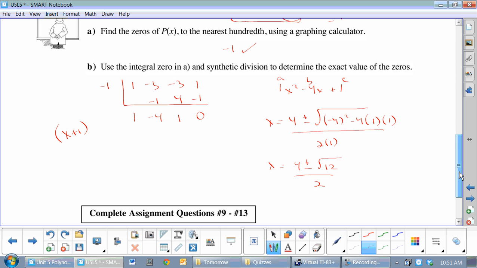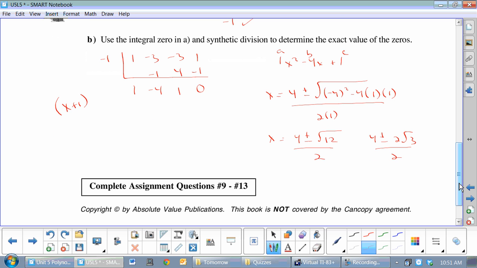The 4 comes out to become a 2. So then I get 4 plus or minus 2 root 3 all over 2. Now I can divide the 2 by everybody. So then I will get 2 plus or minus root 3. So the zeros are negative 1, 2 plus root 3, and 2 minus root 3.